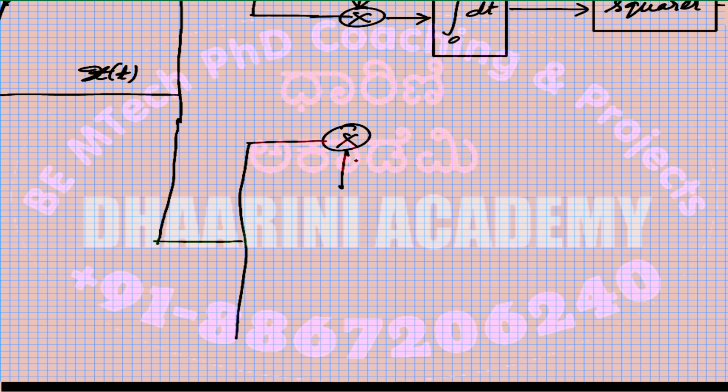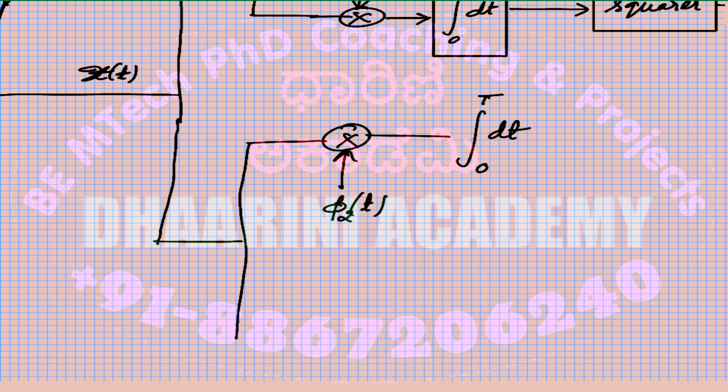I'm going to multiply with phi 2 of t. Then you have integral 0 to t dt.